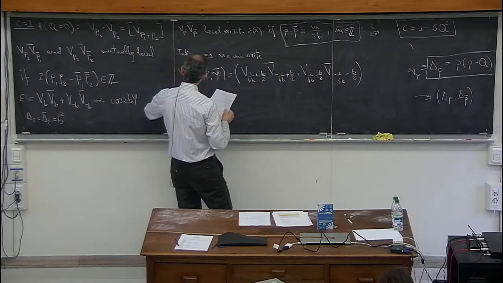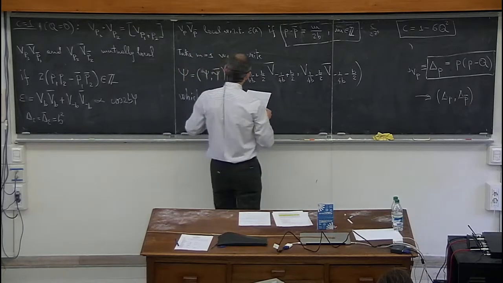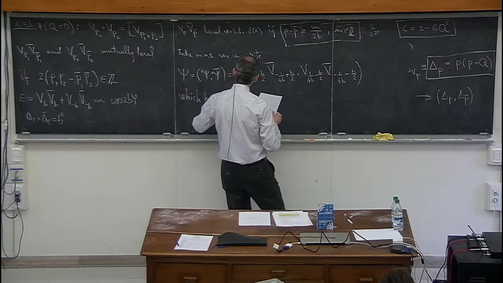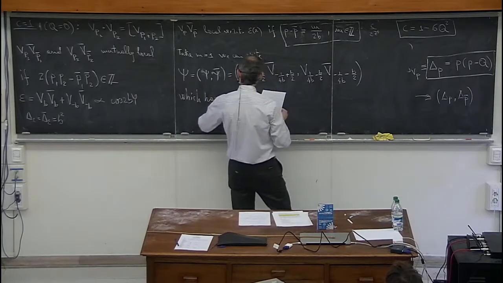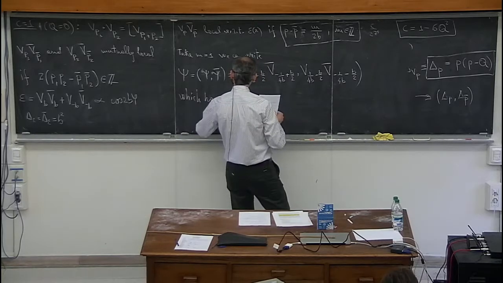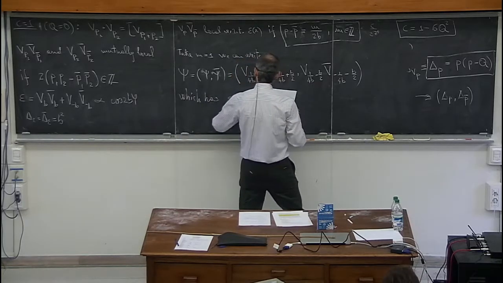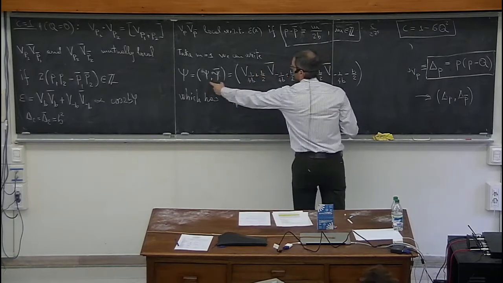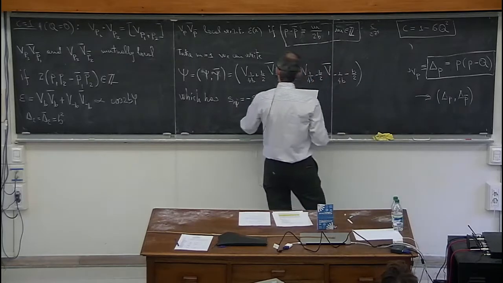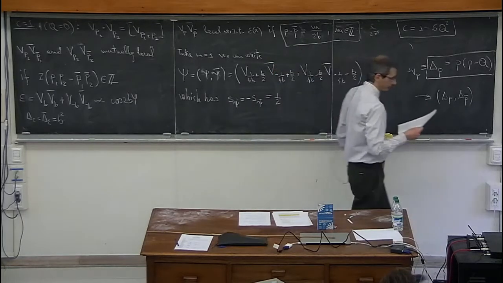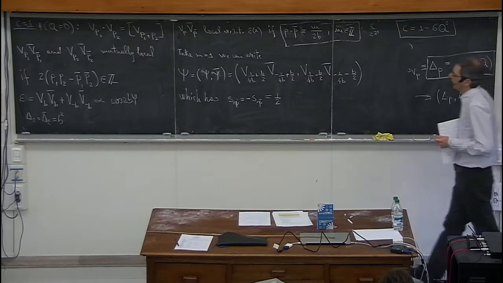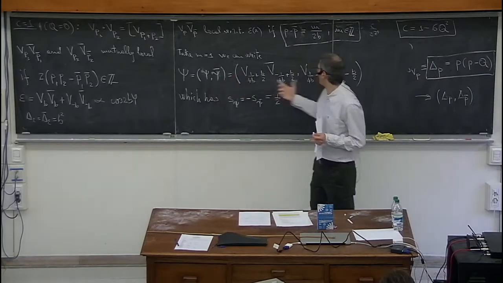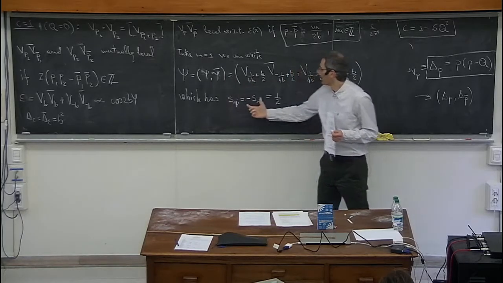And also if you check the spin, psi has a spin which is minus the spin of this other guy, psi bar. So I'm checking the spin on these two. This is 1/2. So this object is a complex fermion.